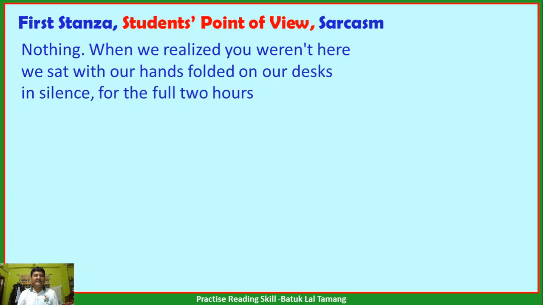Because "we" means here the teacher and the other students who were present in the class. They realize that the student wasn't there in the class. That's why they sat with their hands folded on their desks in silence, and they sat without doing any activity.